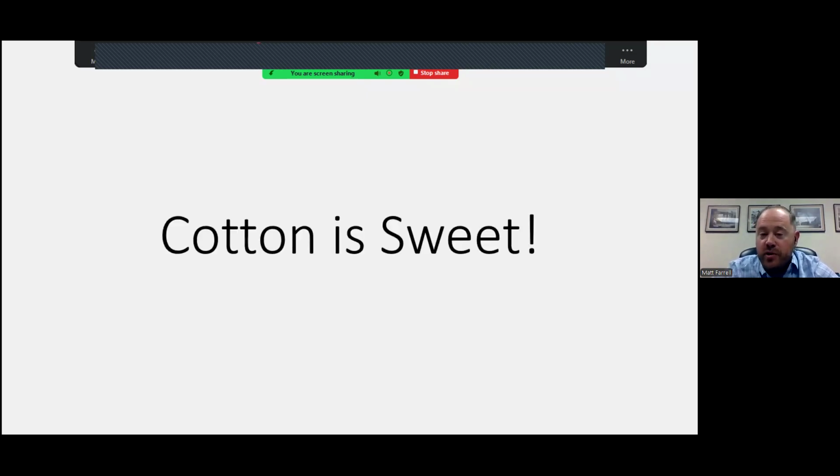So I want to leave you with one or two final little takeaways. If you didn't know it already, cotton is sweet. And so I think we've all pretty much thought about that from a figurative perspective. But hopefully now you understand that quite literally, cotton is sweet. You see the work that we're doing here to turn cotton textile waste into sugar.